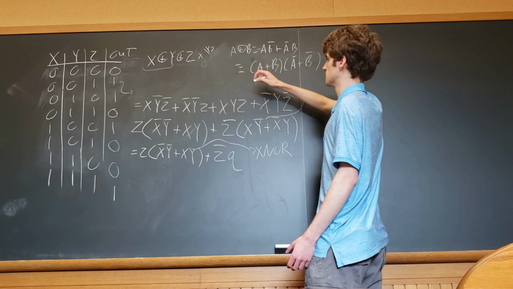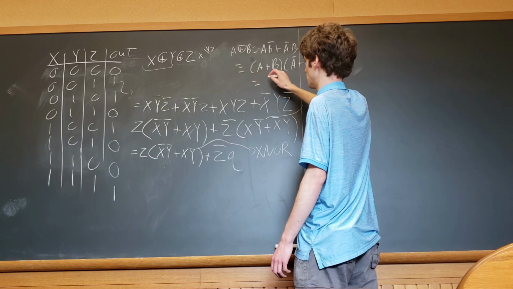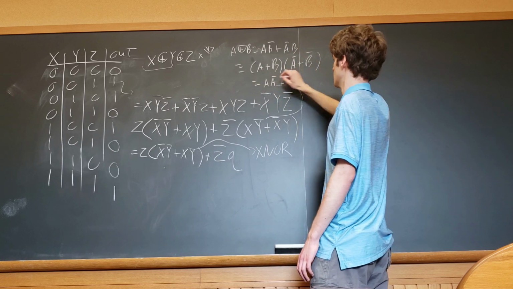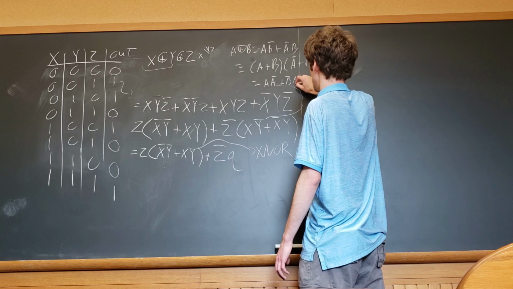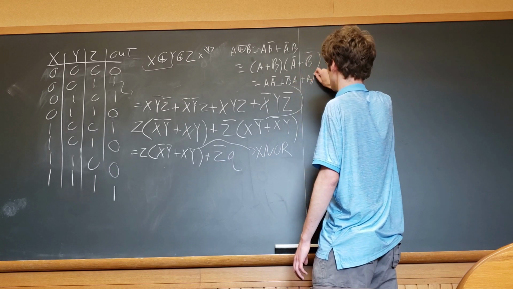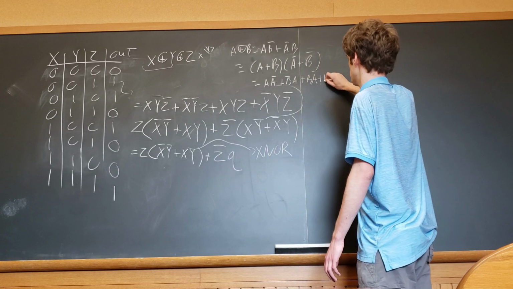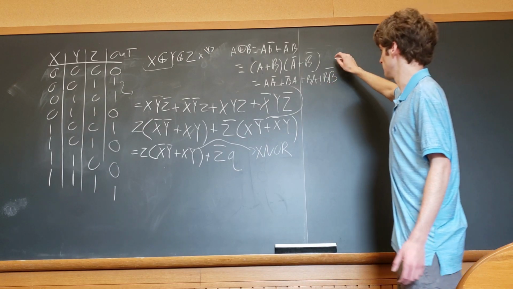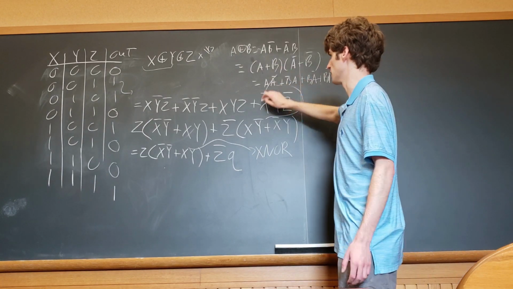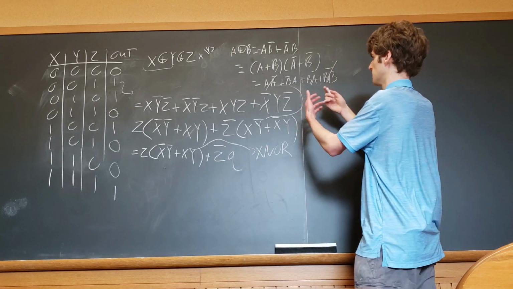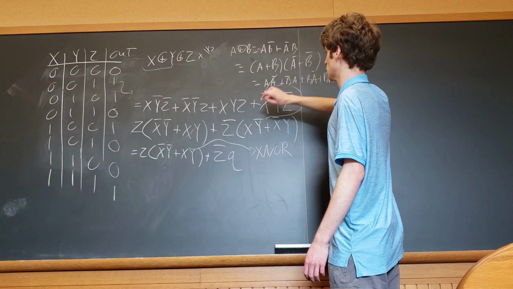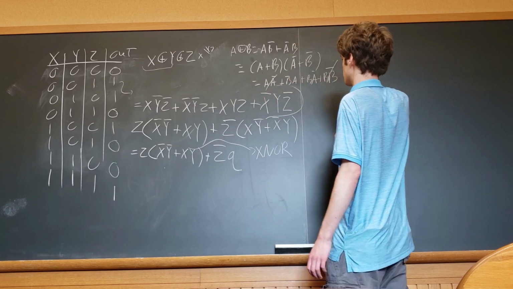You can check that by distributing this out. We get A naught plus B naught, A plus B, A naught plus B, B naught. And then this just ends up being a 1 and a 1, which cancel with the OR, and so then we end up with this. So this is equivalent to that.